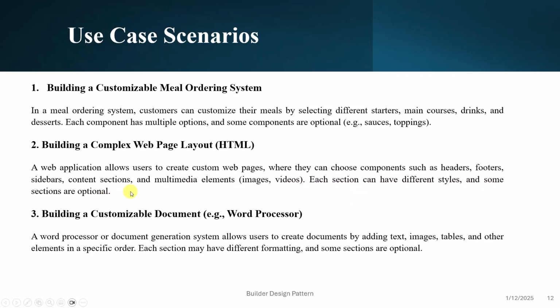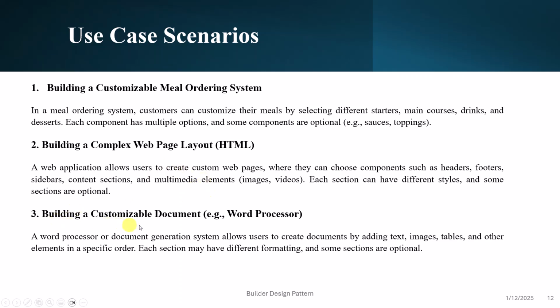So this use case means constructing a web page with multiple optional sections, each with its own properties and content. Here the builder pattern allows users to construct a page in a modular way, adding components step by step without having to deal with the complex logic all at once.